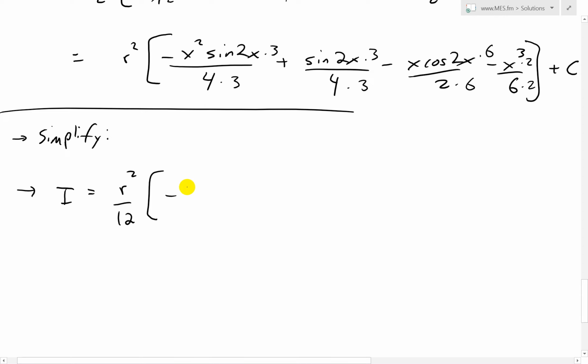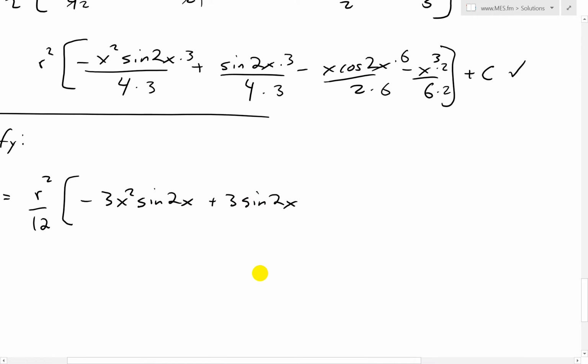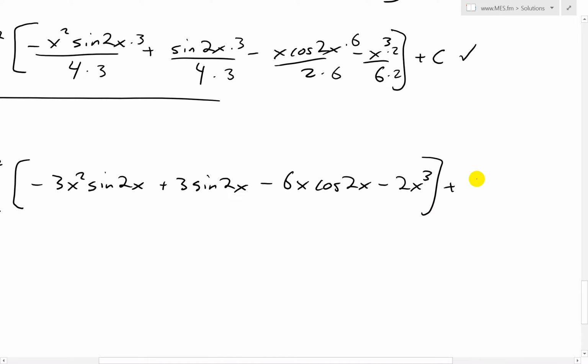Negative 3x squared sine 2x plus 3 sine 2x, and then we have this part there, negative 6x cosine 2x, and then we have there minus 2x cubed, like that, plus c.